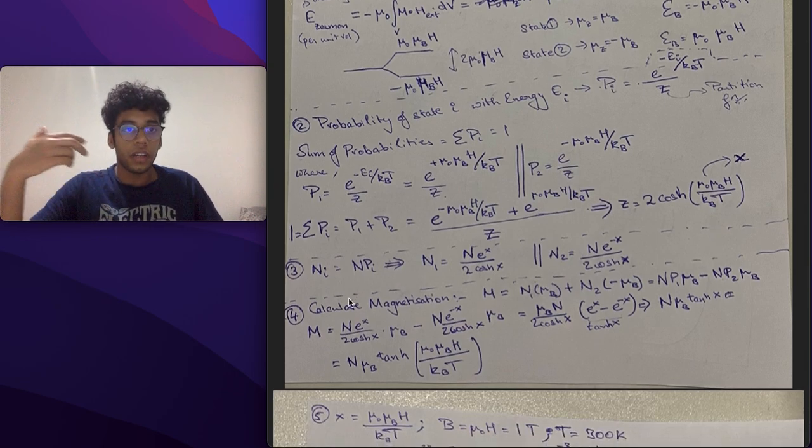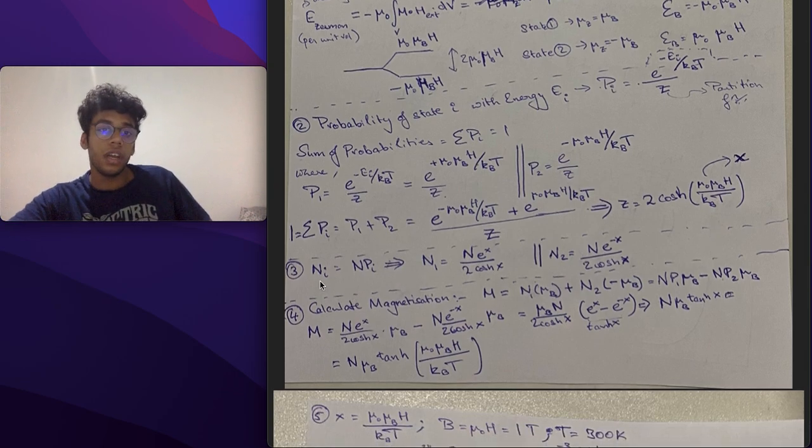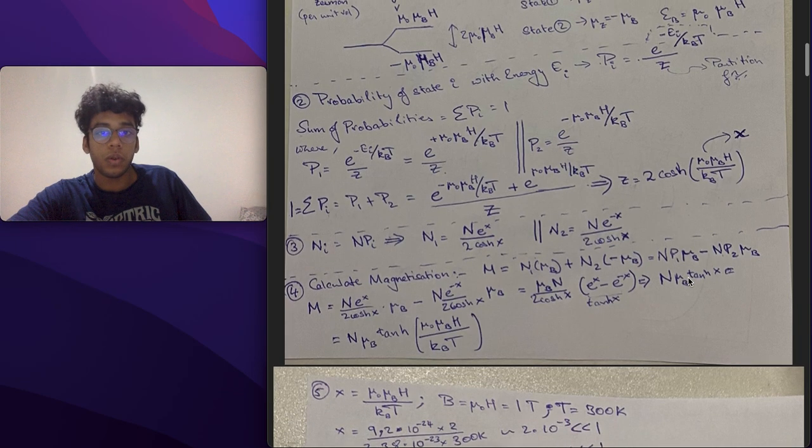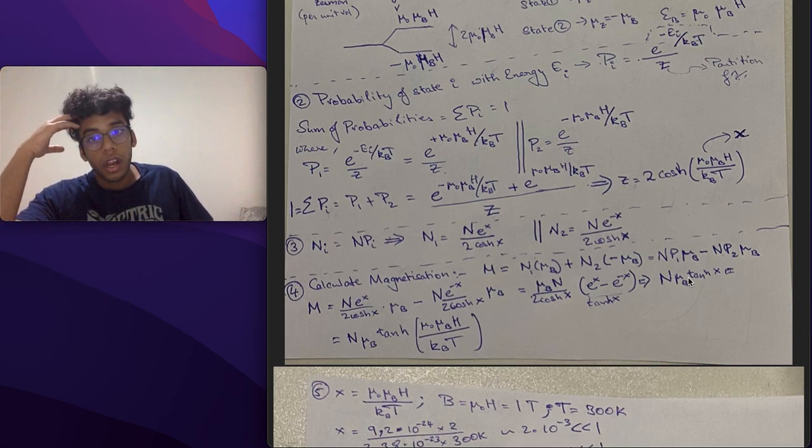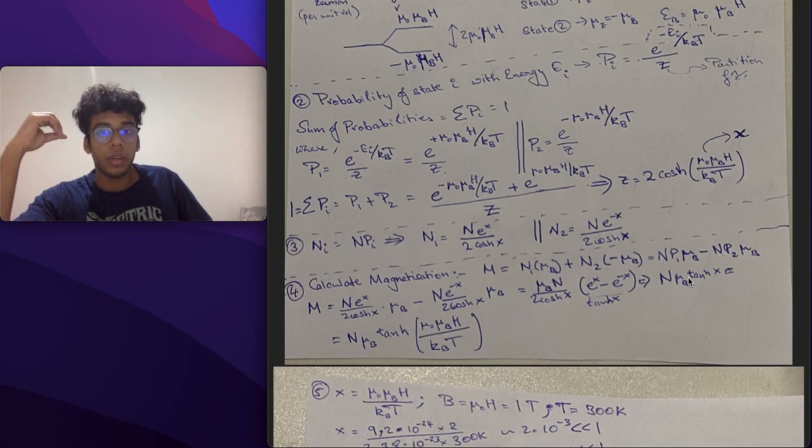Now if you want to find the number of particles in each state, that is given by N_i, which is the total number of particles times the probability of finding the particle in that particular state, so you get N1 and N2, a function of N1 and N2. Now we calculate the net magnetization of the sample.